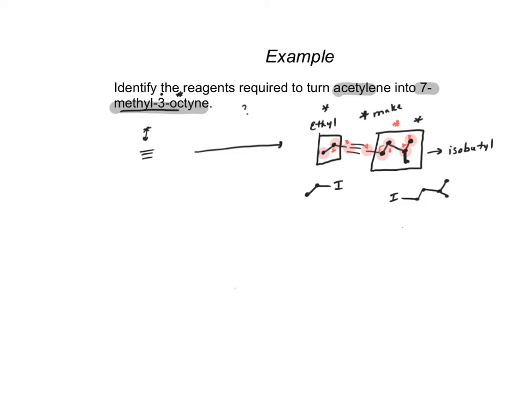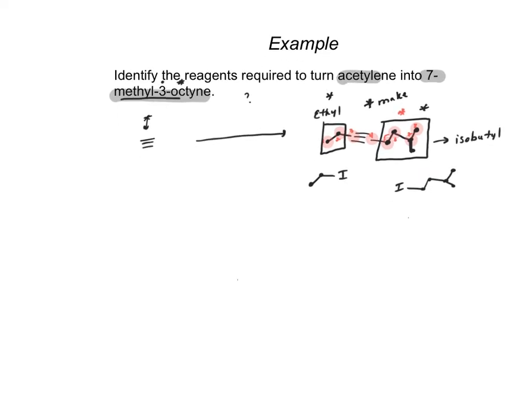Okay, so how would we go ahead and write this? So number one, we're going to take our acetylene, and in the first reaction, we're going to add that ethyl group to it. So to do that, our first step is to deprotonate it. So we'll add our sodium amide.